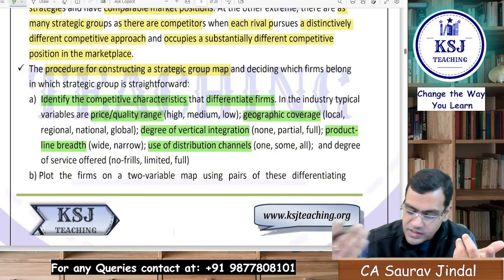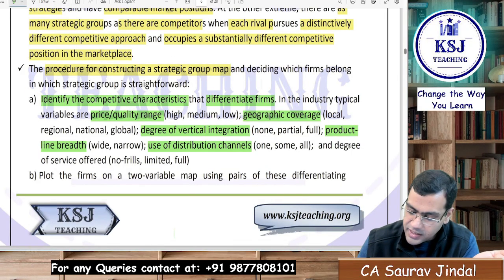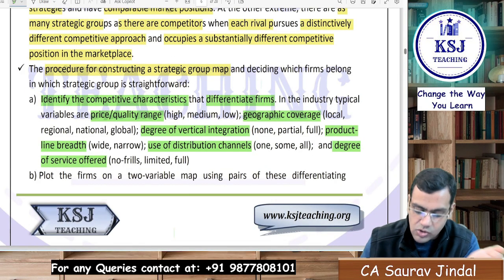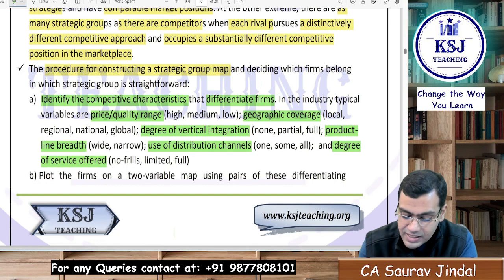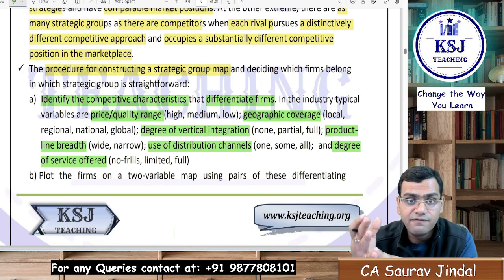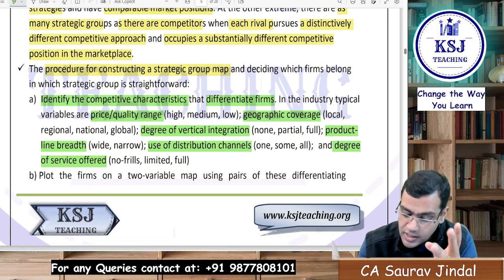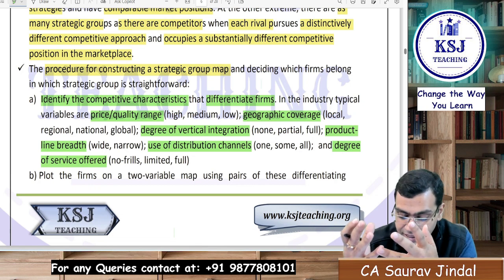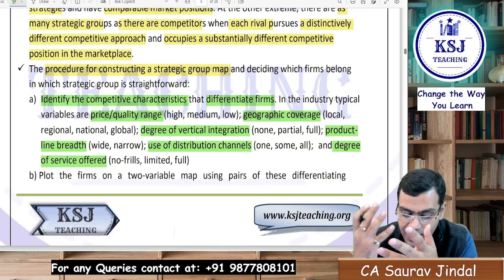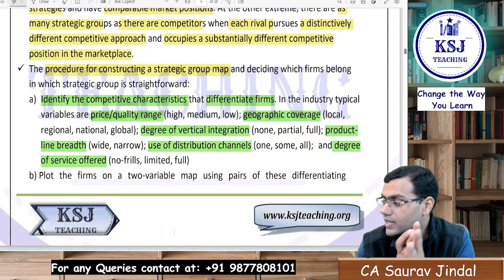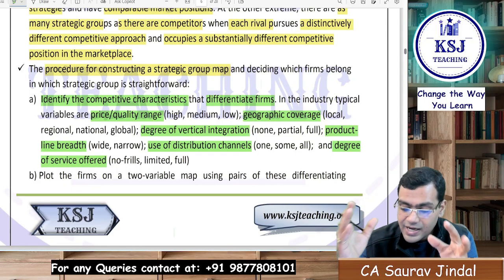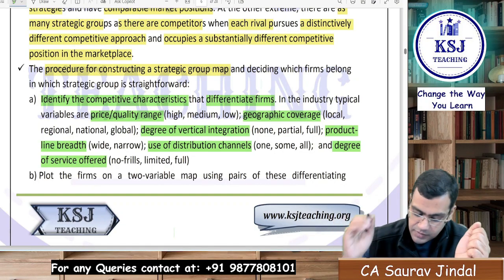So what type of distribution channels they are using, and the degree of services offered. So on the basis of price and quality, geographical coverage, vertical integration, product line breadth, use of distribution channels and the degree of services offered, we can differentiate between the firms, right?